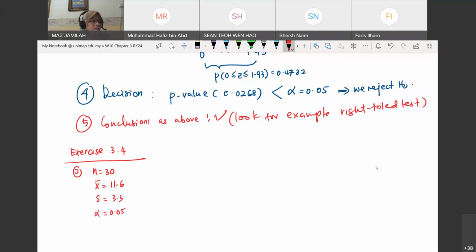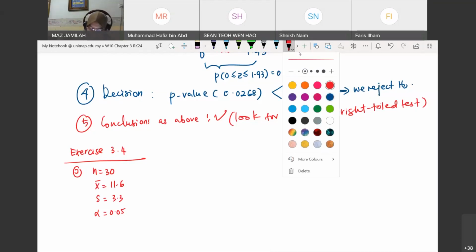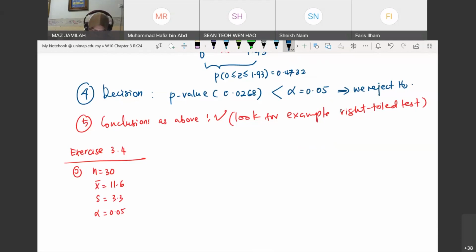A researcher claims that the mean time in seconds to pack all boxes with each box containing 20 bottles is more than 10 seconds. So your statement refers to 20 or 10?